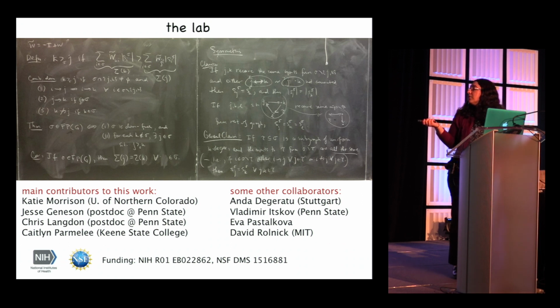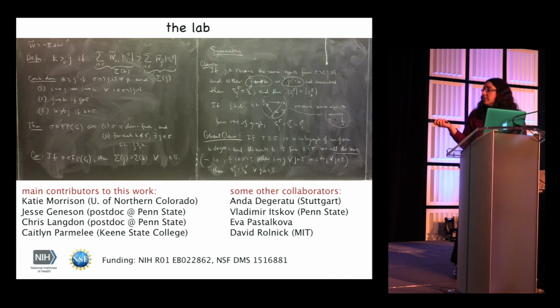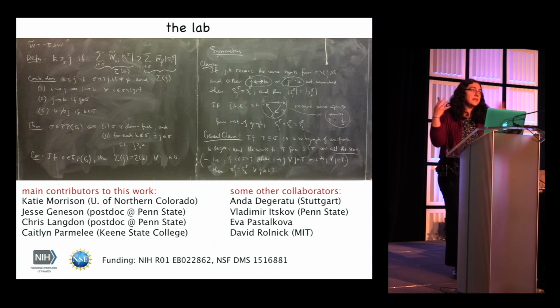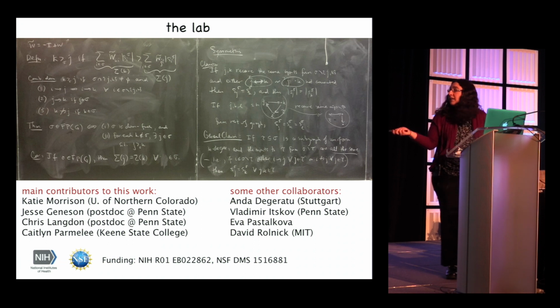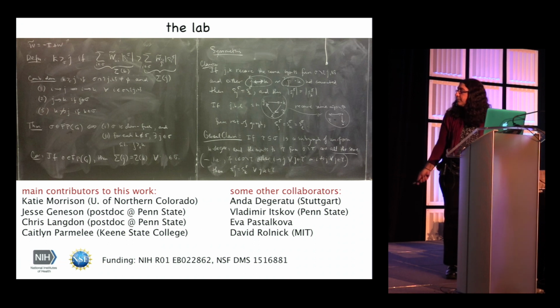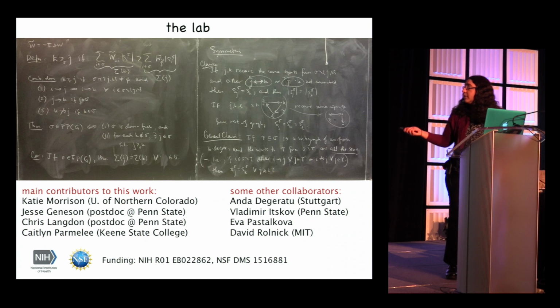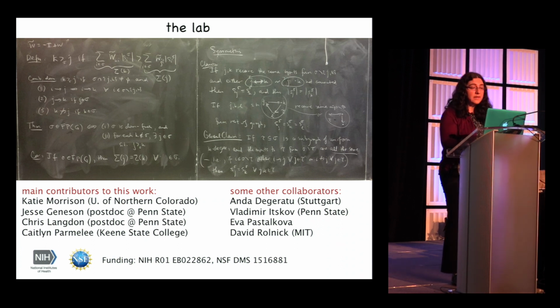Before I forget, I want to thank the main contributors to this work, mainly Katie Morrison, who is here, who was a postdoc with me shortly, but is really an equal collaborator in this, at University of Northern Colorado, and then a couple of postdocs, Jesse Genison and Chris Langdon, who have worked hard on this for about a year now. And my former graduate student, Caitlin Parmalee. When you see the sequence prediction stuff at the end, that is coming out mostly from her thesis. And then some other collaborators who have worked with us and had interesting input over the years.